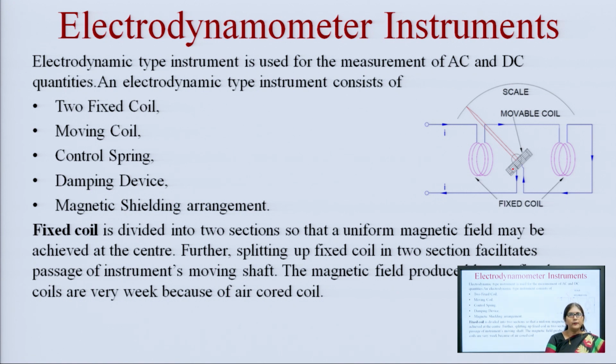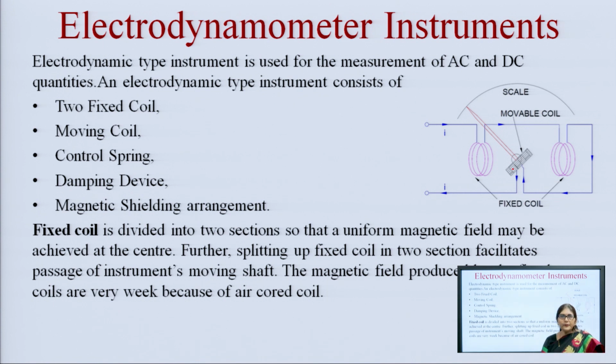Any such instrument consists of the following parts: two fixed coils, a moving coil, a control spring, a damping device and a magnetic shielding arrangement. As we see in the diagram, there are two fixed coils, in between them there is a moving coil, and the pointer is attached to this moving coil.